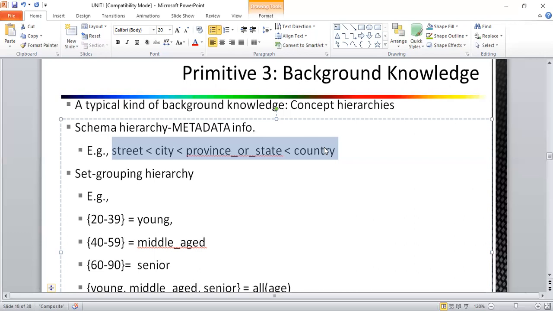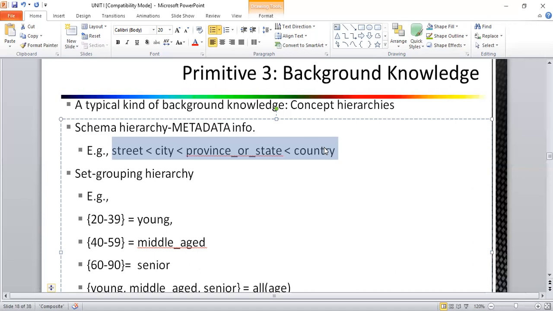This means that street is at a lower level than city, which is lower than your state, which is conceptually lower than your country. So the schema hierarchy provides this metadata information, and it gives the total or partial order among the attributes in a more precise way. That is your schema hierarchy.